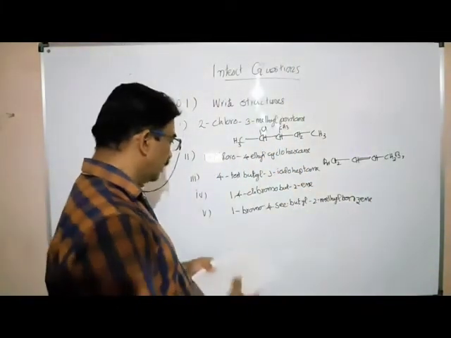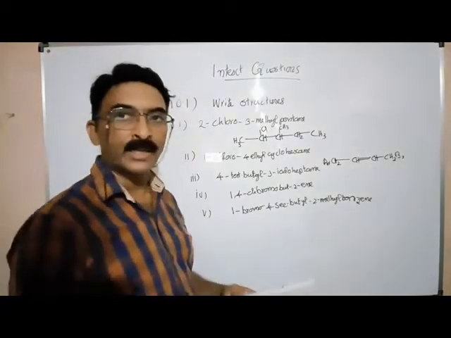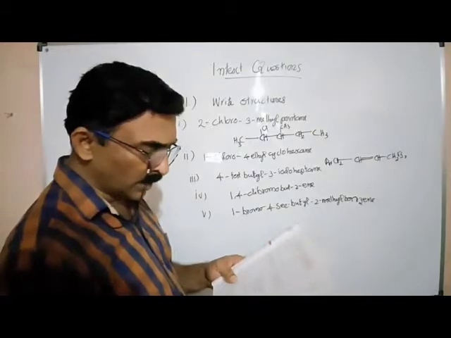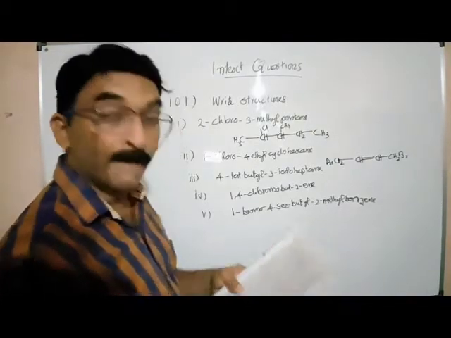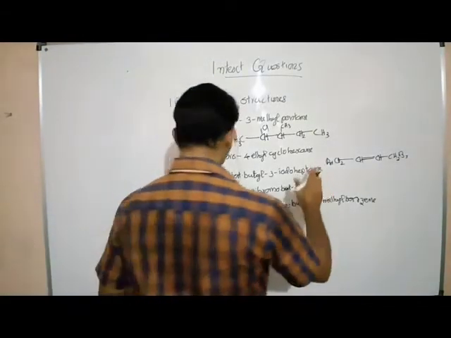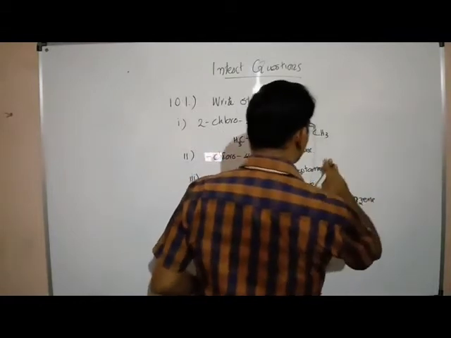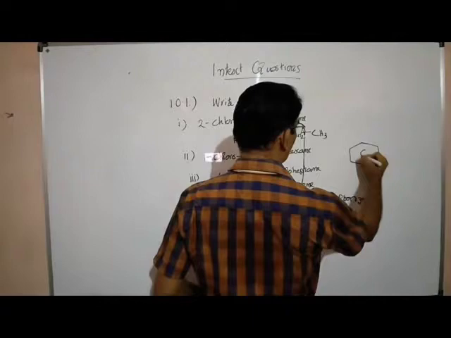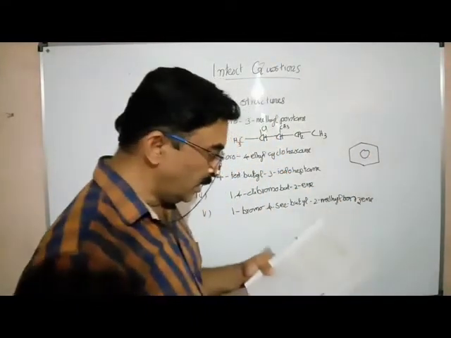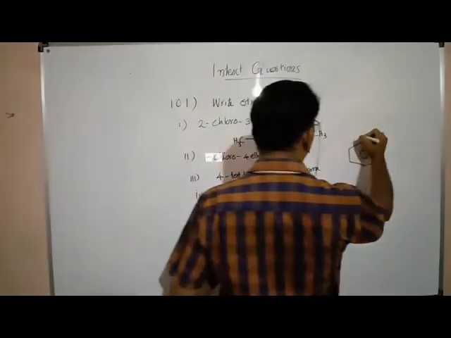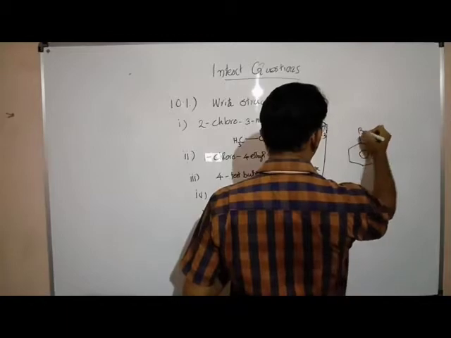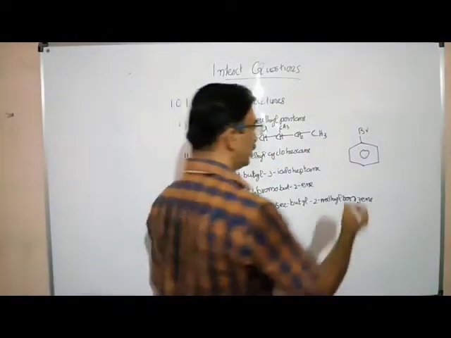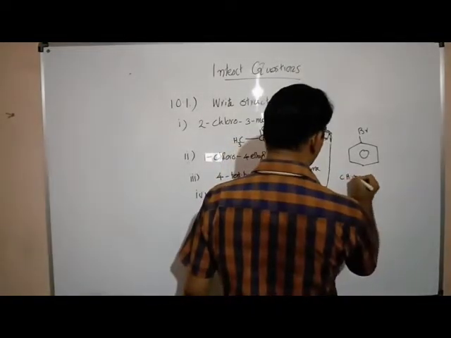And the last one, 1-bromo-4-secondary butyl, 2-methyl benzene. Draw the benzene ring first. Then 1-bromo. Then what? 4-sec-butyl. Secondary butyl you have to add on the opposite carbon.